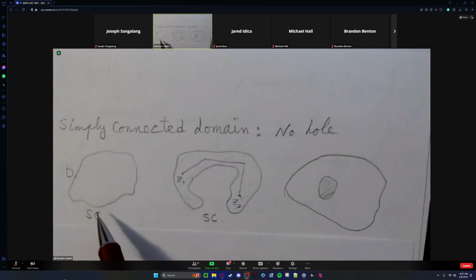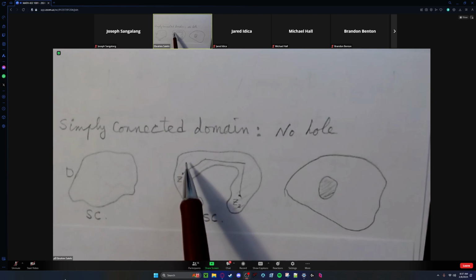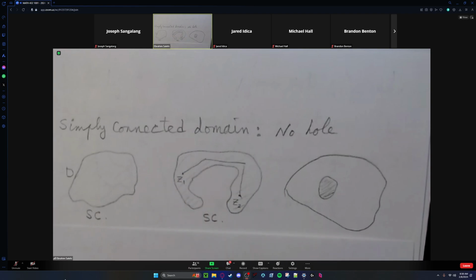It's open and connected. Connected means any 2 points can be joined by a number of, let's say, line segments here. This one is connected. And actually, it is simply connected because there is no hole in this one, all right? This line segment indicates that, look, this point and this point can be connected by this. So this is a simply connected domain.